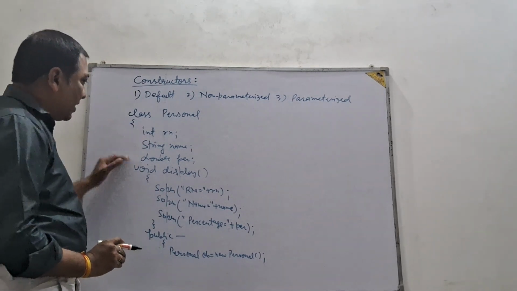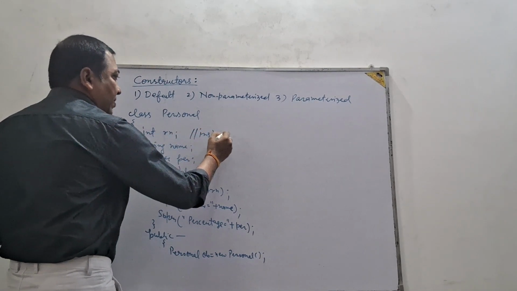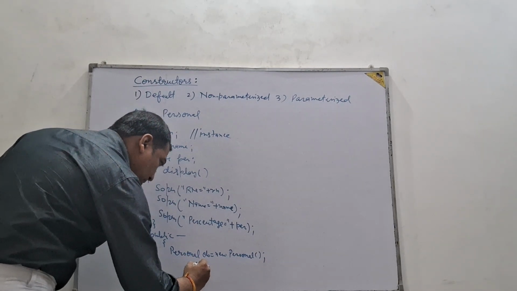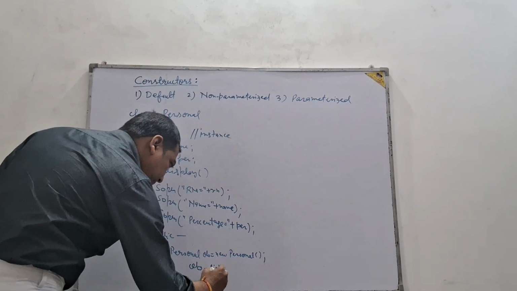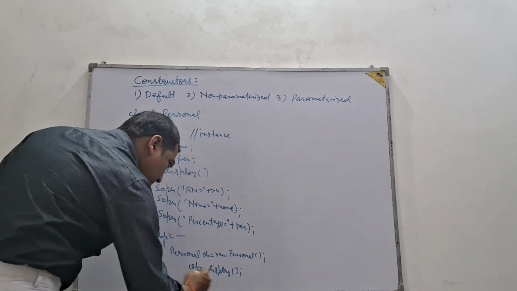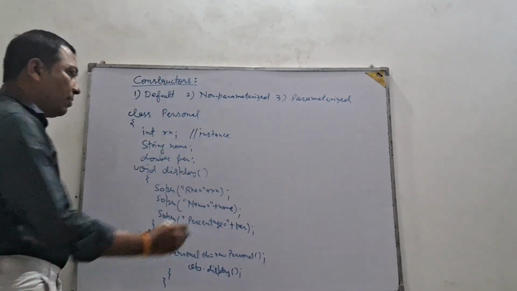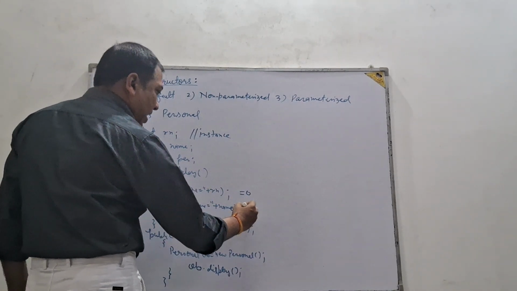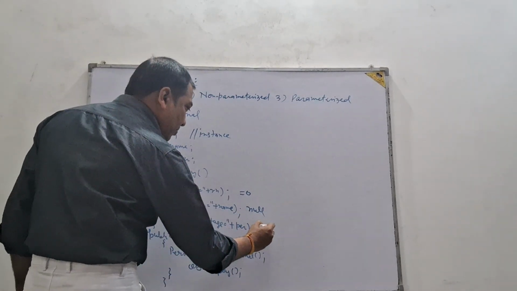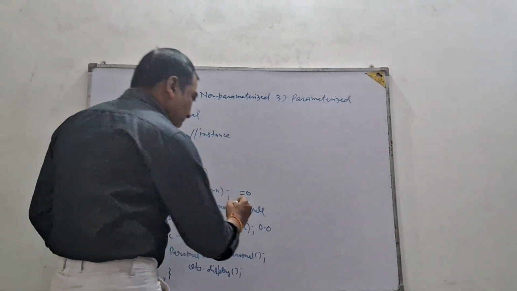That means all the instance members will be initialized by their default values. And now if I call the function ob.display, what answer will you get on the screen? Roll number is equal to 0, name is equal to null, it is a string type, and percentage is equal to 0.0. So you can see these values we are getting on the screen.